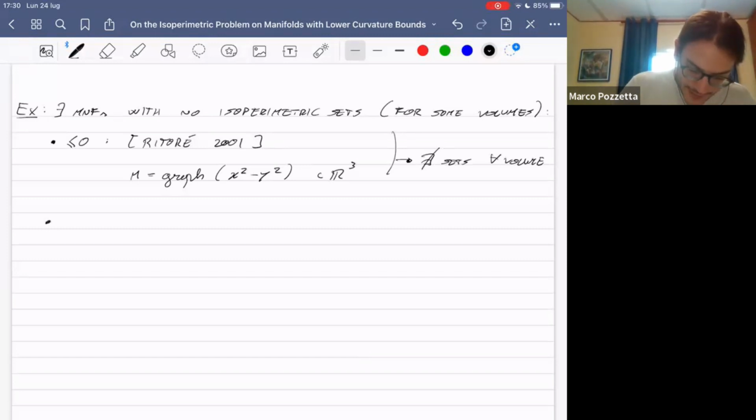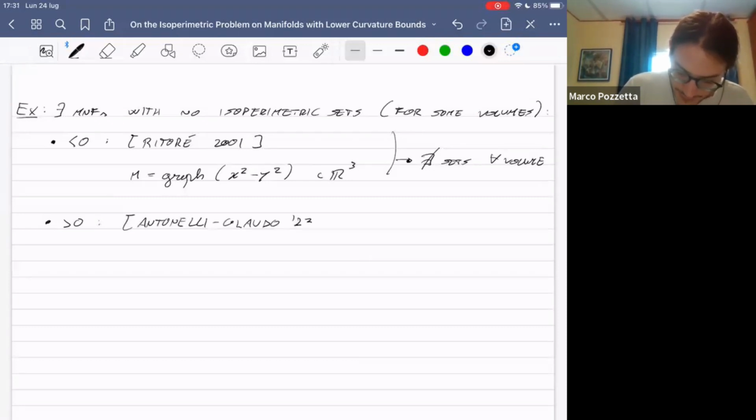while in the positive case, here I can also make the strict inequality, by the way. In the case of positive sectional curvature, there is a very recent family of examples due to Antonelli and Glaudo.